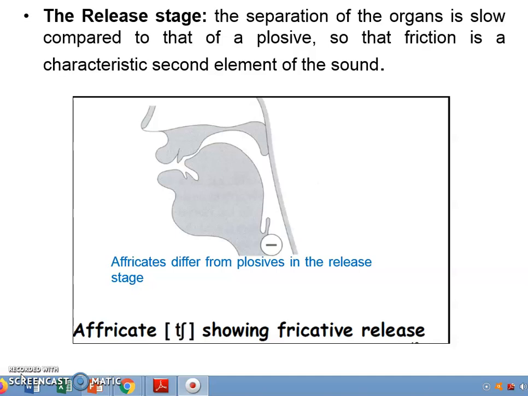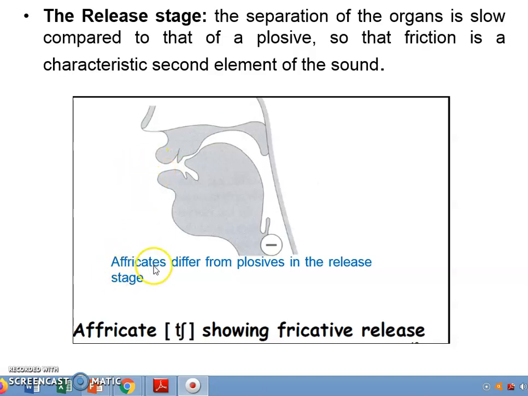And the release stage. The separation of the organs is slow compared to that of a plosive, so friction is a characteristic second element of this sound, actually of both sounds, ch, j. So as you can see, when the air goes out, the separation of the organs is slow, so the air goes out with friction.